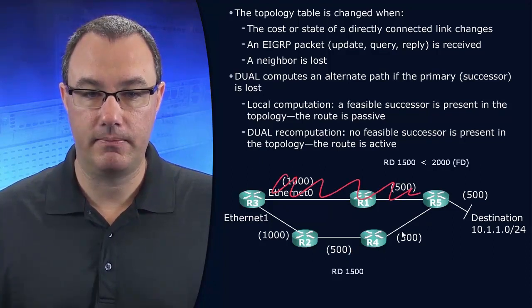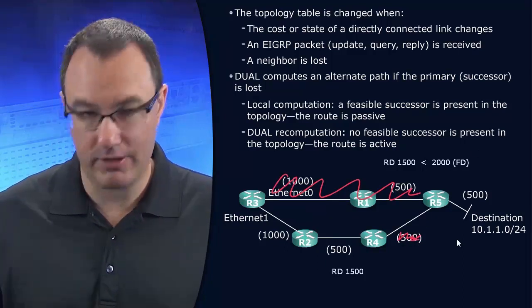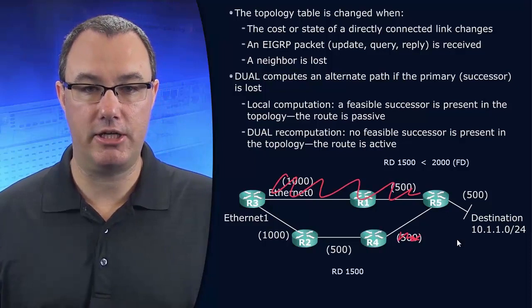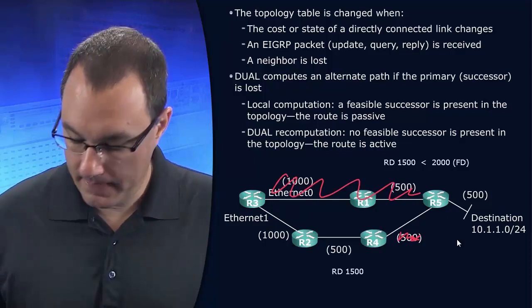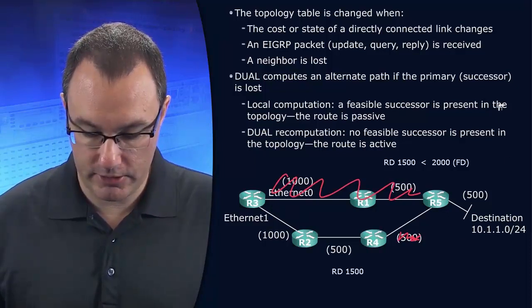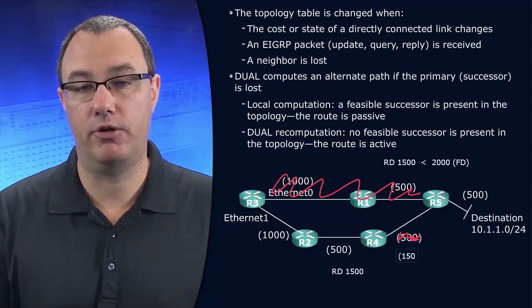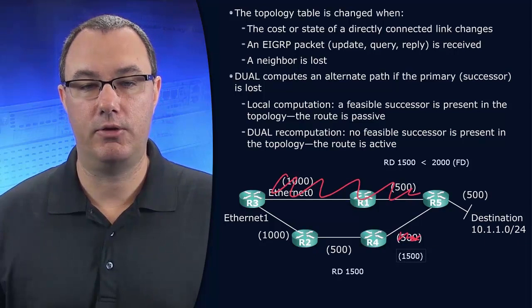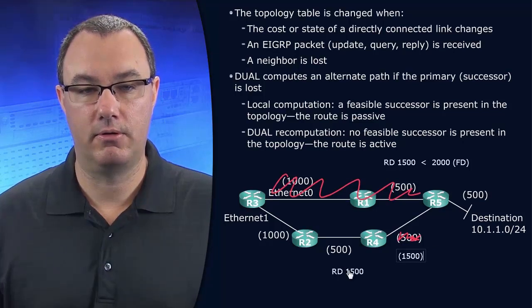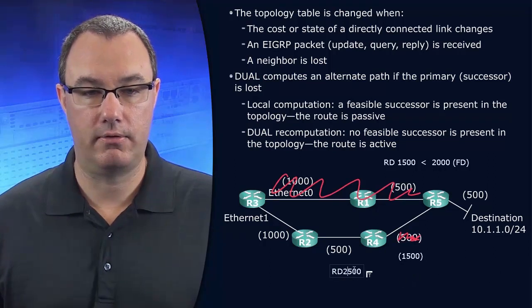Now let's say things didn't work out perfectly. Let's say that one of these links was just not good enough and we didn't have that condition perfectly met. So we'll change the metric, something like 1,500 right there. And then the reported distance would become 2,500, okay?